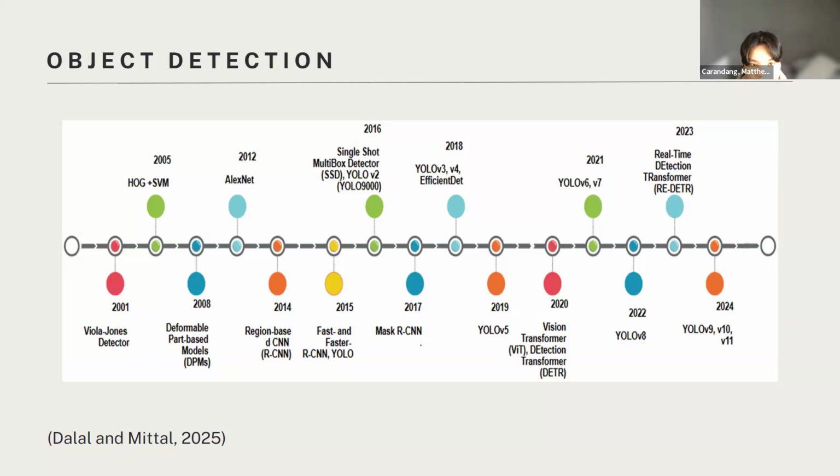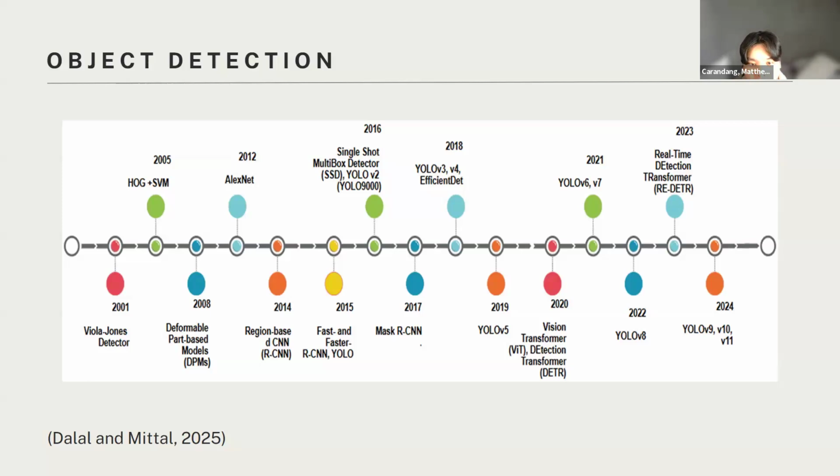Then we have AlexNet in 2012. This is one of the notable architectures, since it's the model that proved that convolutional neural networks are quite efficient in computer vision tasks.